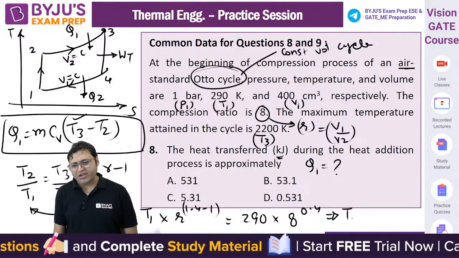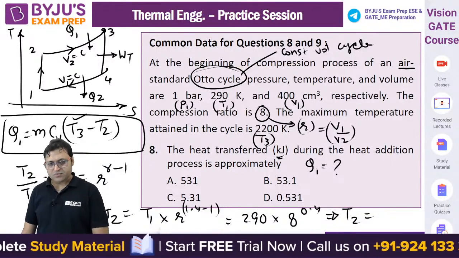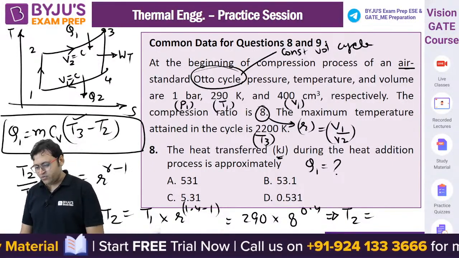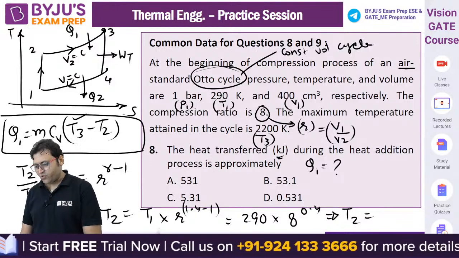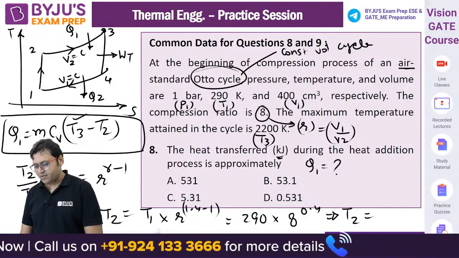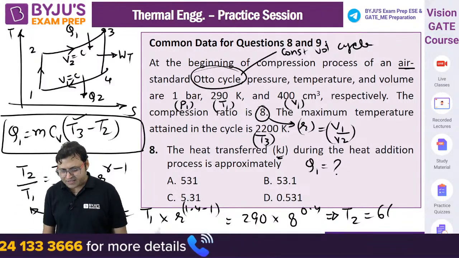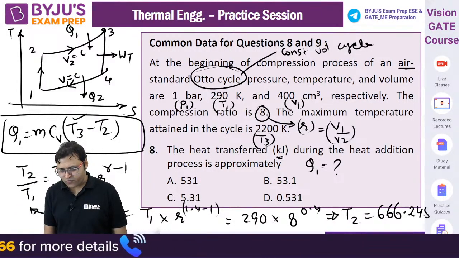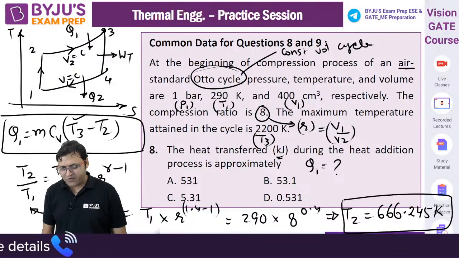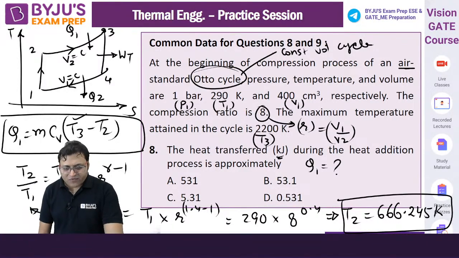T2 is equal to 8 to the power 0.4 into 290, that is 666.245 Kelvin. That is the value of T2.